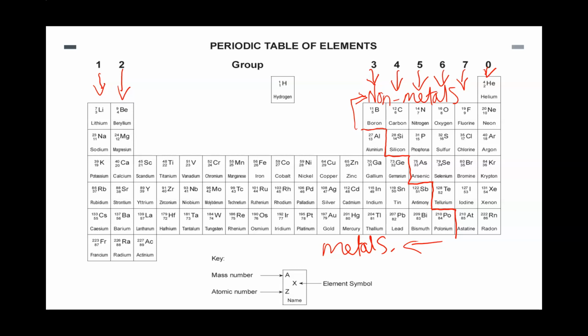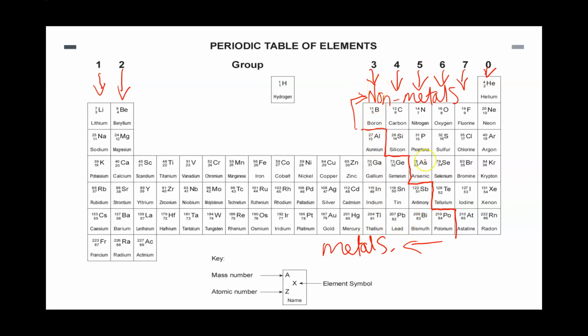The reason why they're all in group 1 is because everything in group 1 has one electron in its outer shell. So that's everything in this group here. Everything in group 2 has 2 electrons in its outer shell. Everything in group 3 has 3 electrons in its outer shell, and so on.